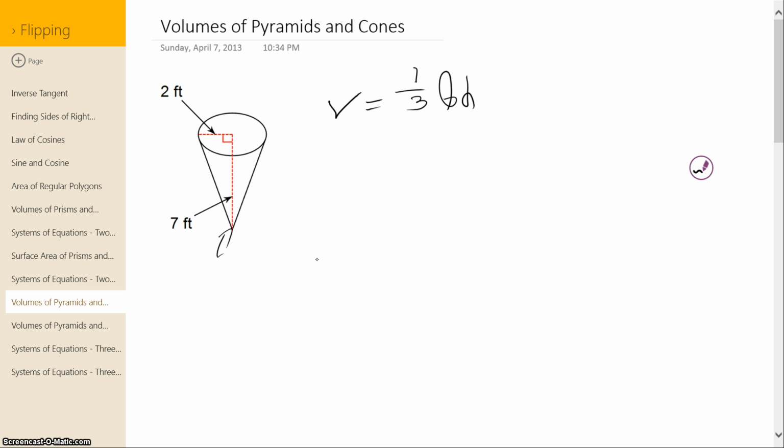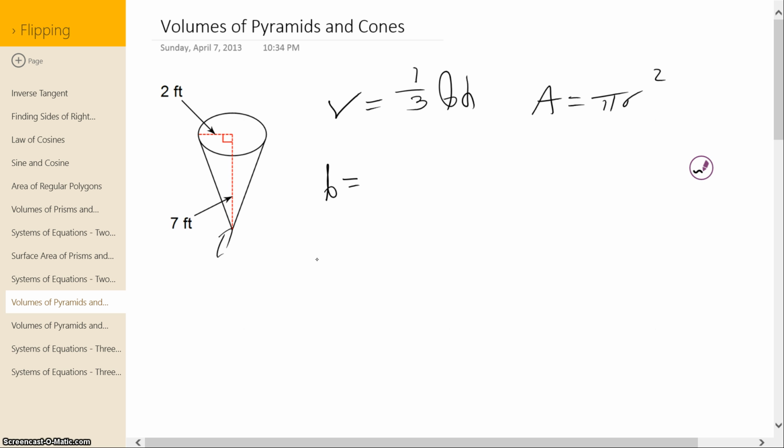So let's look at this one right here. We've got our base right here is a circle. So let's figure out what the base is going to be first. So remember, the area for a circle is just pi r squared, right? This is old school.